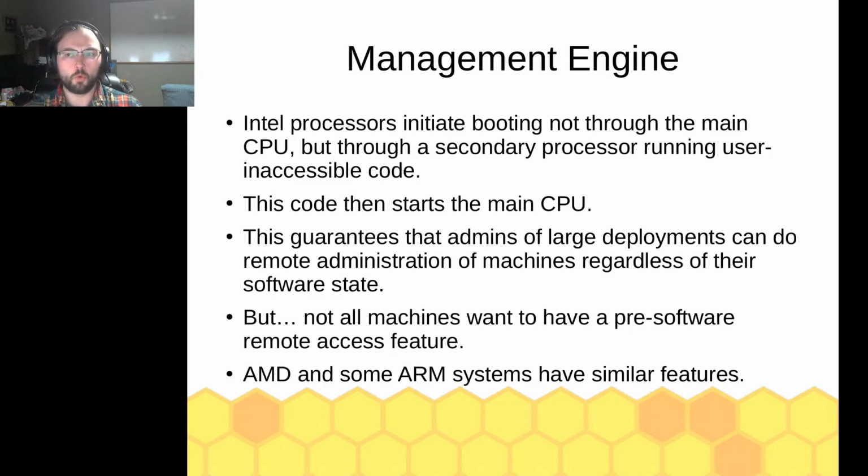And they don't even have to know what was on it before. They can just do a remote wipe. They don't even care about the firmware. They can do a remote wipe of the firmware. And that's potentially really convenient for that sort of large enterprise IT administration application.